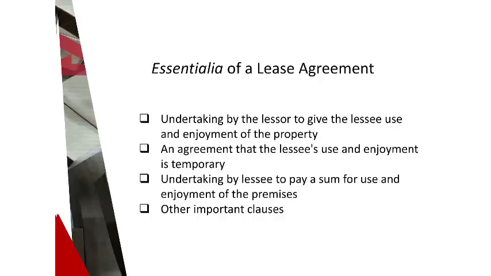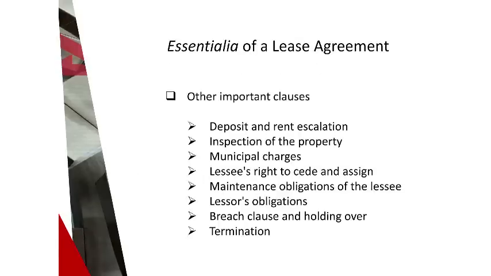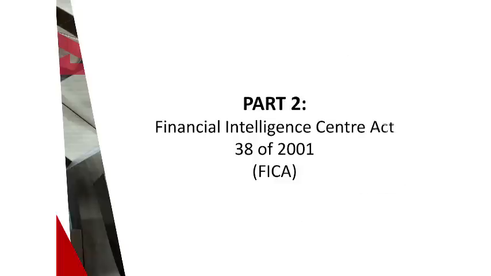So, there needs to be an undertaking by the lessor to give the use and enjoyment of the property to the lessee. The lessee needs to agree to use and enjoy the property, and that use is temporary, and then there must be an agreement to pay a sum for that use and enjoyment. Those three provisions have to be in the contract of lease, otherwise the lease is invalid.